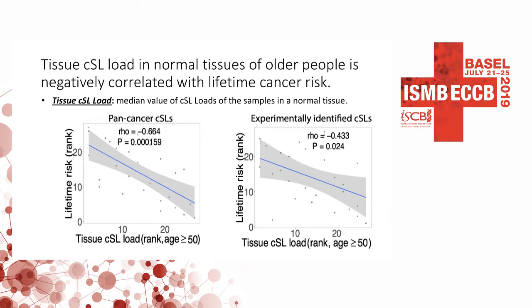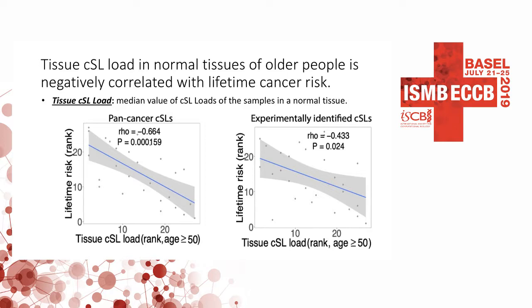So this is our important result. We compute what we call the tissue CSL load, which is the median of all the CSL loads of all the samples in a particular tissue. First we map every cancer type to a tissue in the GTEx.